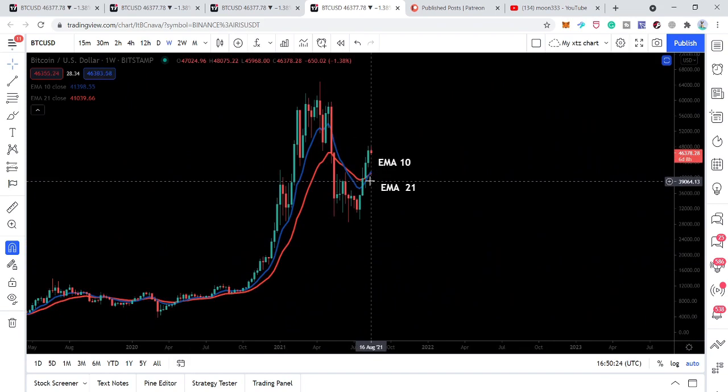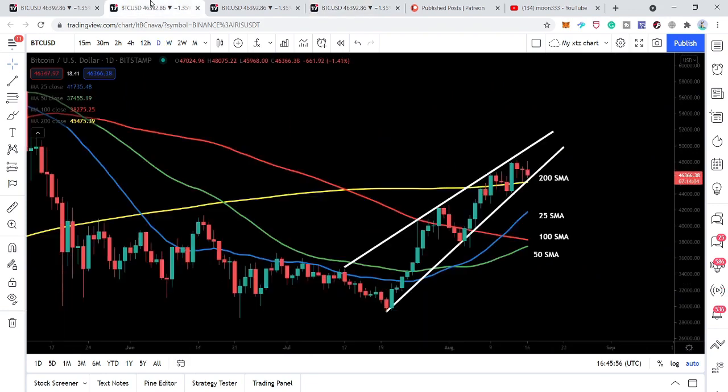Yes, on the smaller time frame, like the daily time frame, we can have some corrections. If the price line breaks down the support of the 200 simple moving average, then we can have a correction.